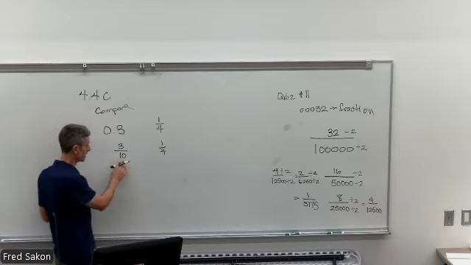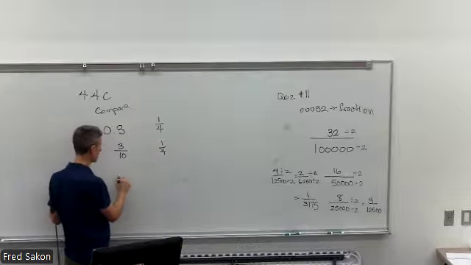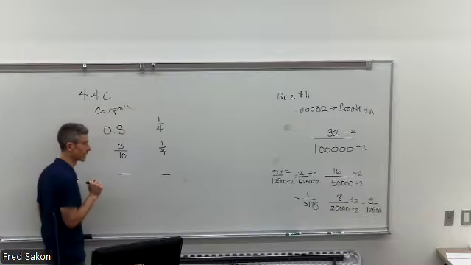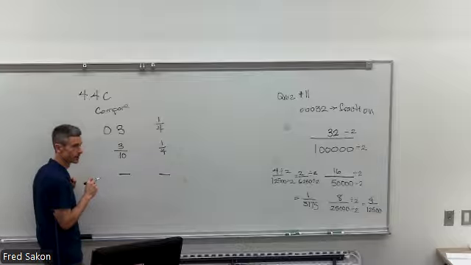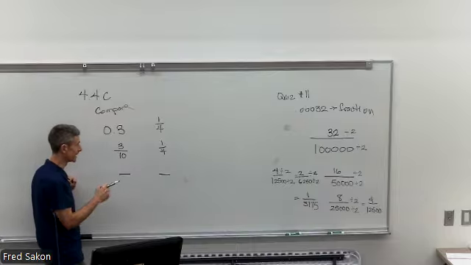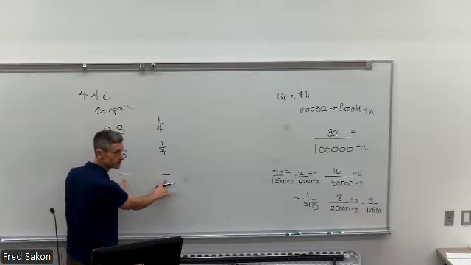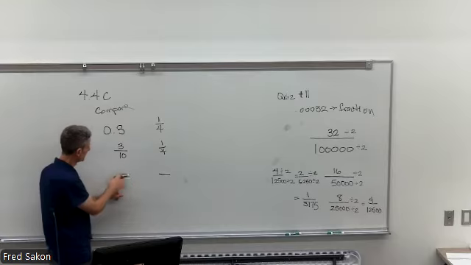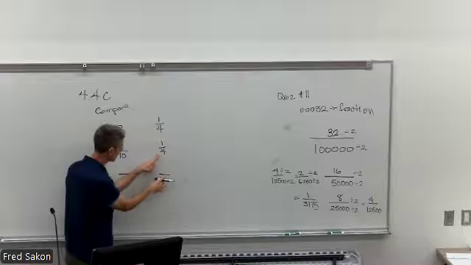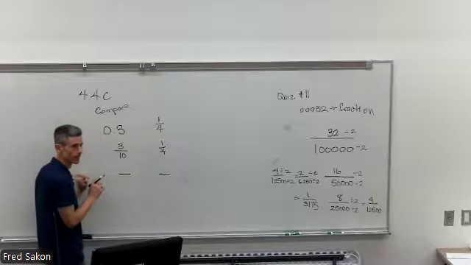So let's do that. They have to equal the same thing on the bottom. What makes sense for a number on the bottom? Not the same number, but we need to get this number to be the same. 10 could go up to something, and then similarly, 4 could go up to the same number.